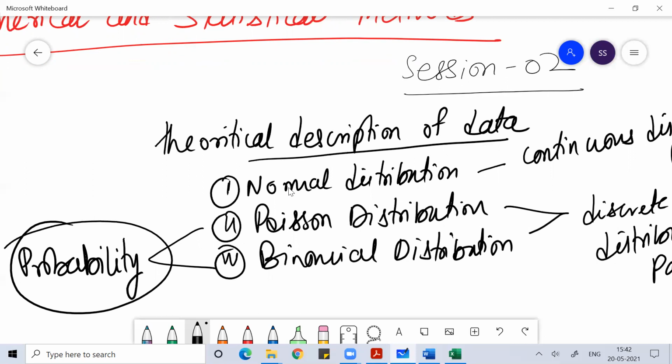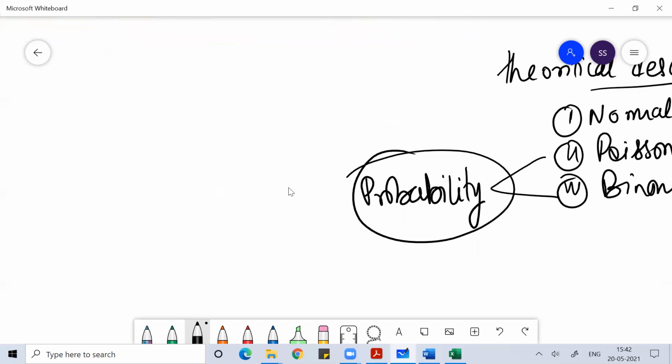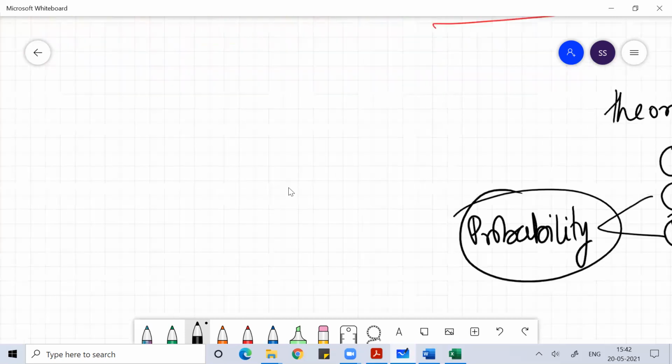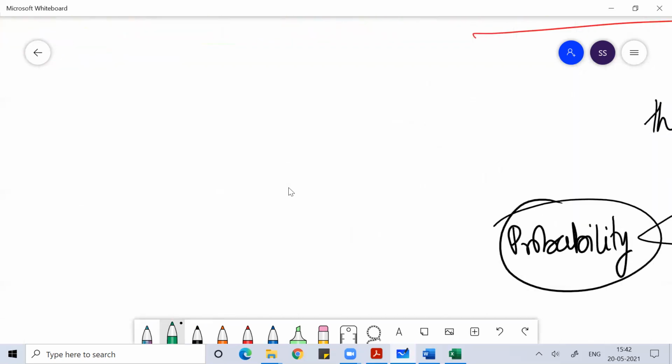In general, the data we encounter in day-to-day life are not based on probability, so they follow the normal distribution curve. Yesterday I plotted the graph for the normal distribution curve, and I told you it follows a bell-shaped curve.